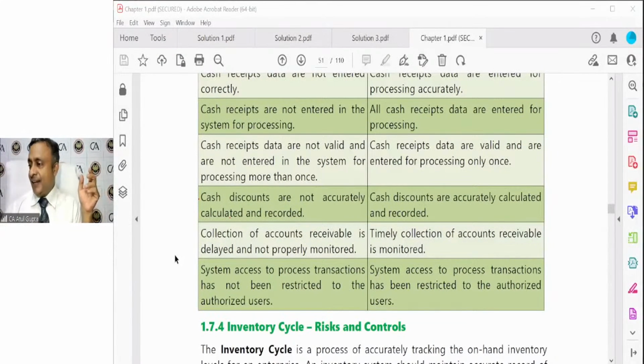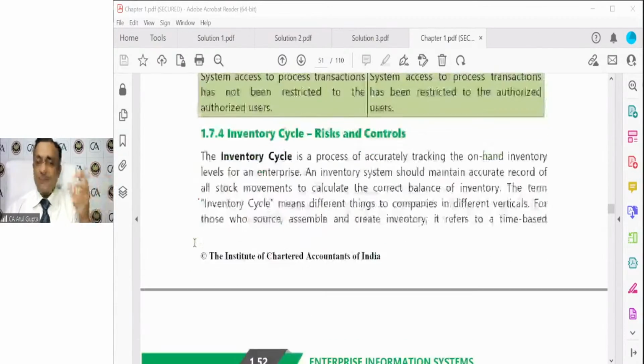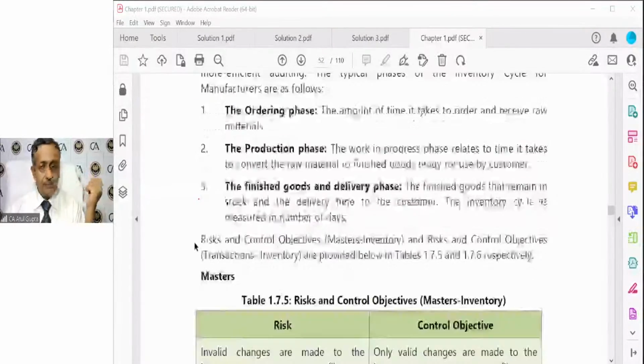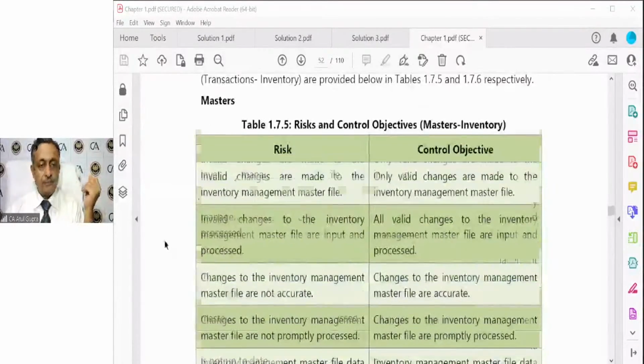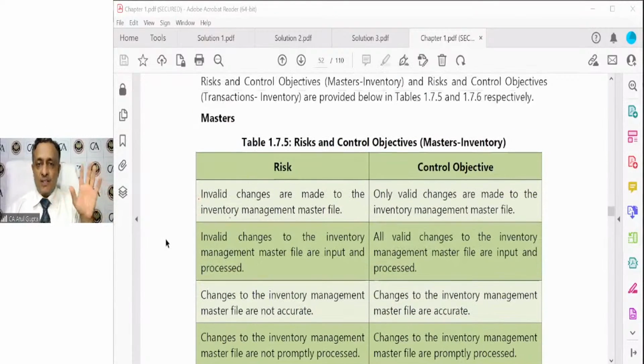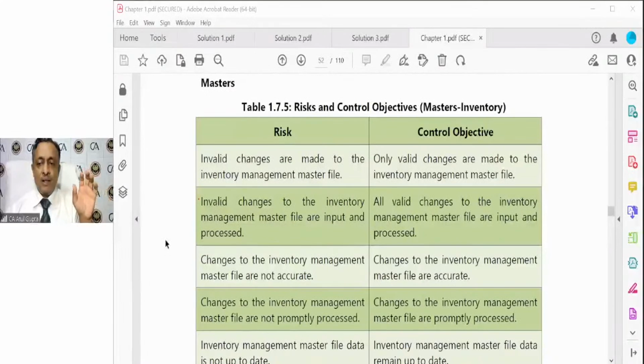Then the last one from this aspect, inventory cycle. So I just read the few words which are important. Inventory masters. Changes are made to inventory management master file. Inventory management master file changes means changing reorder level, maximum, minimum level.